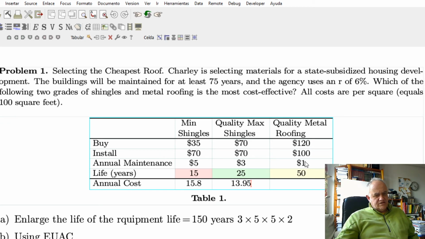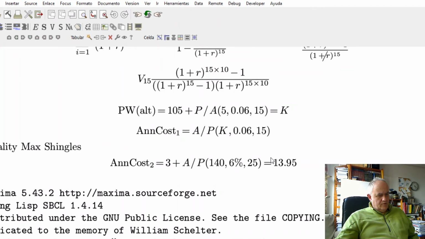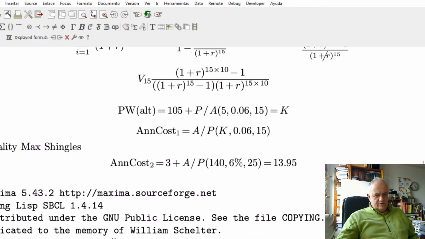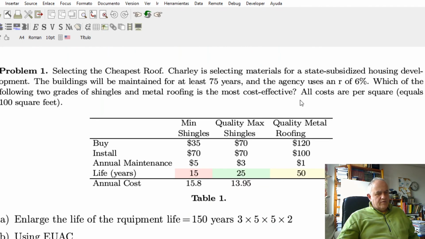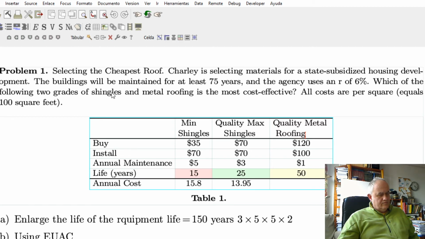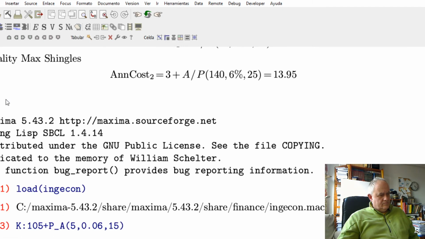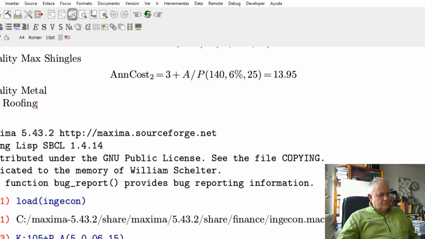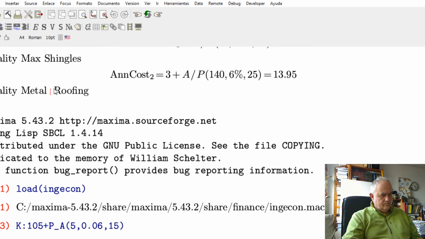Okay, let's see what happens here. The annual maintenance is 1, 50 years, and 220. Okay, oh, I don't remember the name. Let me copy the name of Quality Metal Roofing. Okay, then the annual cost is simpler.